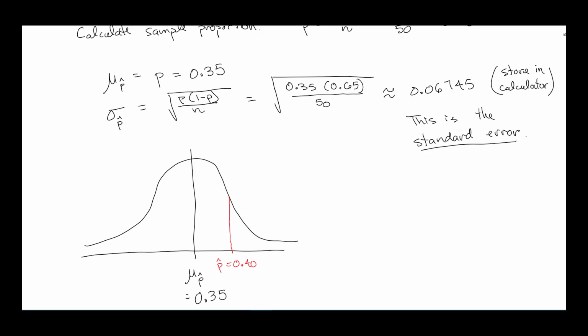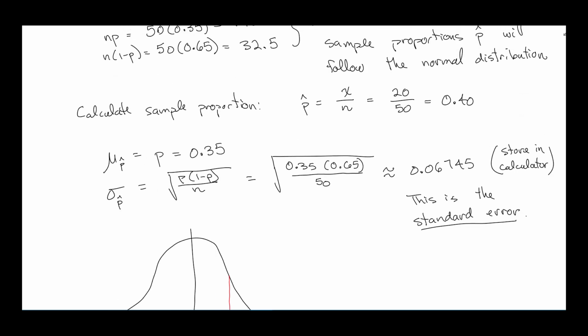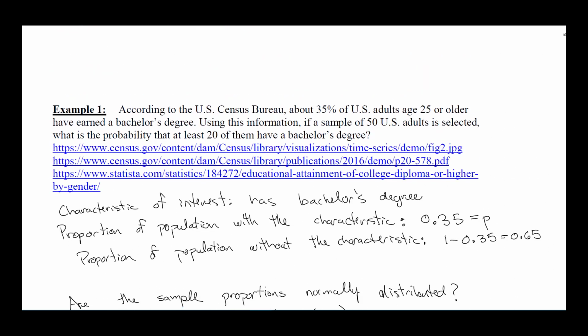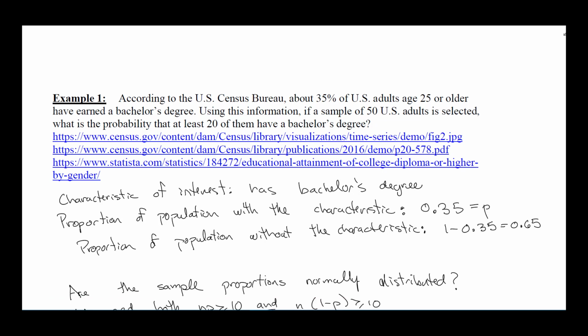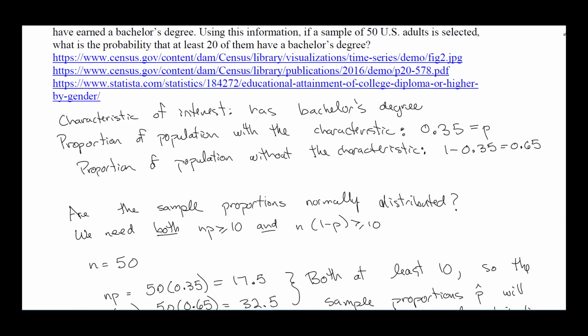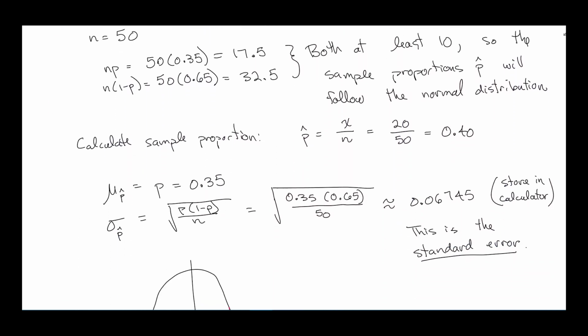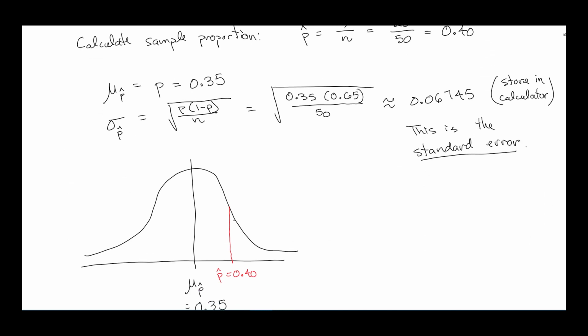Okay, now we're trying to find a probability, so we're going to be trying to find the area of some section of this curve. So let's go back to our problem and read it. What is the probability that at least 20 of them have a bachelor's degree? At least 20 having a bachelor's degree corresponds to the sample proportion being at least 0.4. So that means we want this area over here to the right. And we're going to be able to get that from the standard normal table.